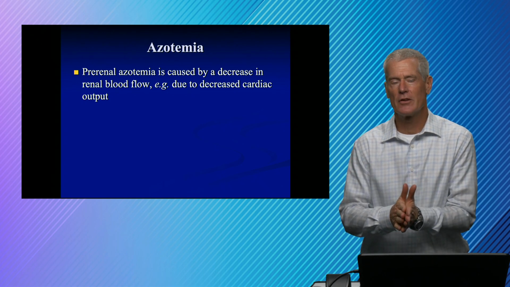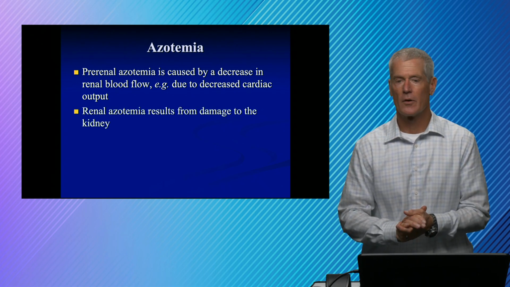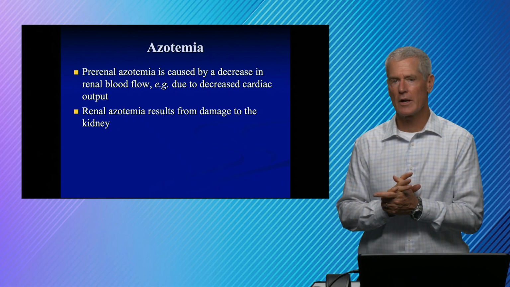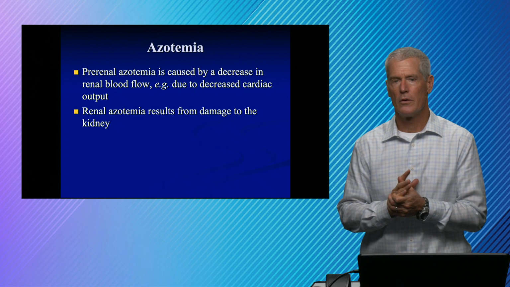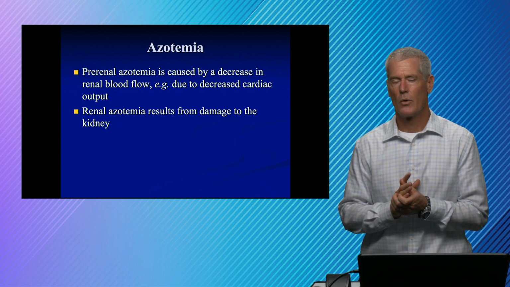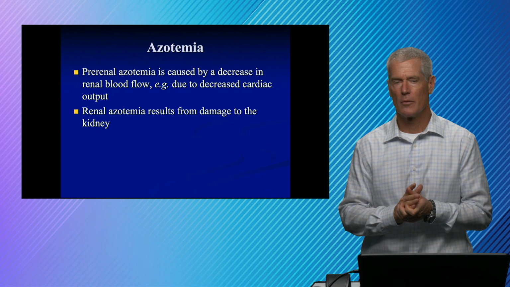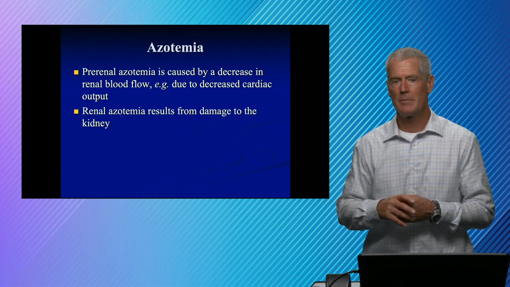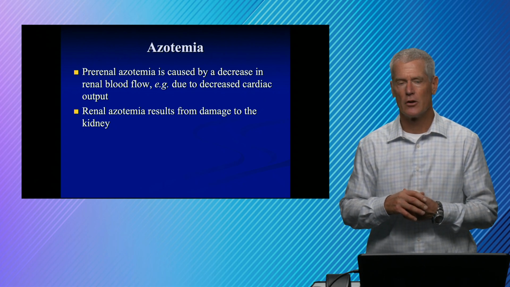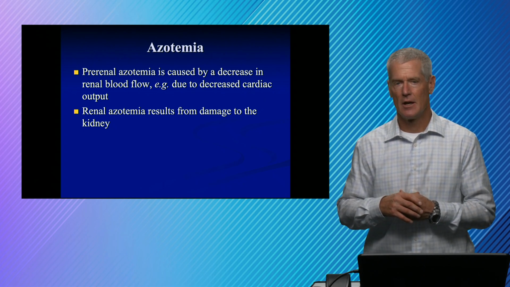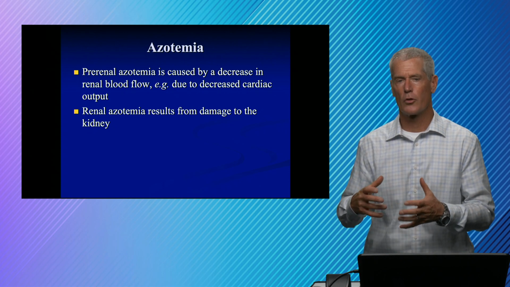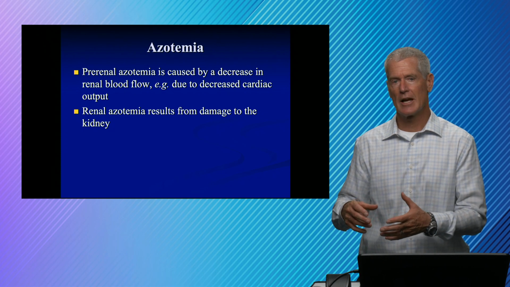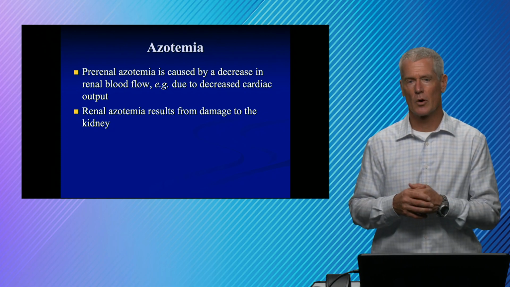And so how do we differentiate prerenal azotemia from renal azotemia? In prerenal azotemia, your kidneys are working fine, and so your creatinine clearance, whatever's coming to your glomeruli, is going to be filtered, and your creatinine is going to be cleared. And so typically with prerenal azotemia, your creatinine doesn't change, but since you have decreased flow through the kidney, it's going to cause decreased flow through the tubules, which is going to allow your urea to be reabsorbed better.